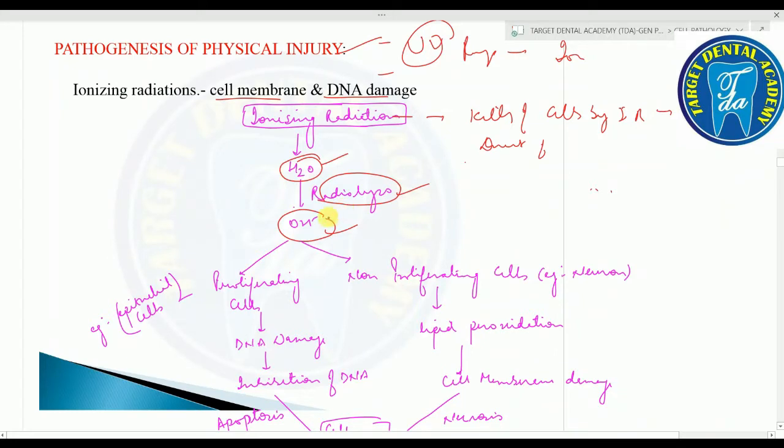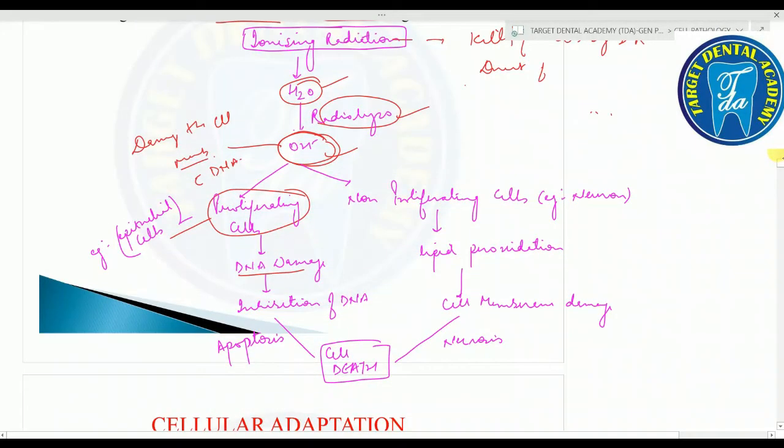Fine. So these hydroxyl radicals damage the cell membrane, and they may also interact with the DNA of the target cell. In proliferating cells like the epithelial cells, this leads to DNA damage, which further results in inhibition of DNA, and with the help of apoptosis, it leads to cell death.